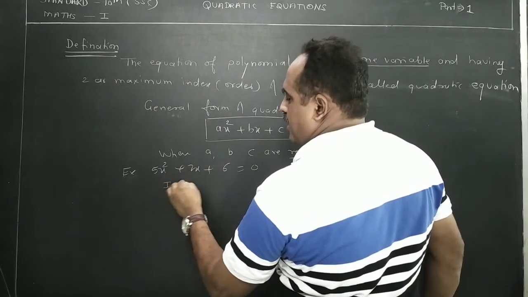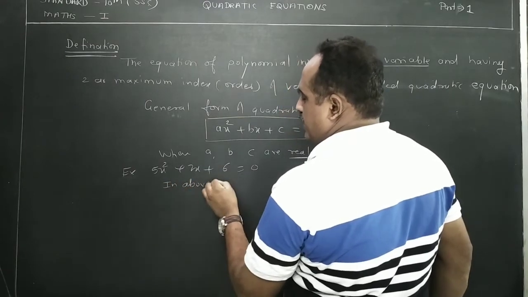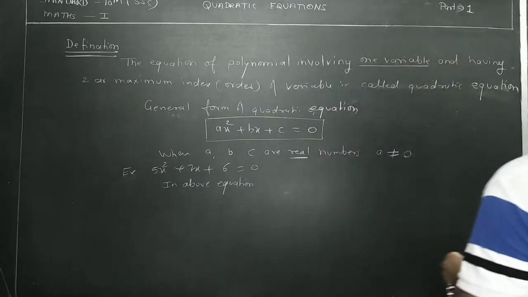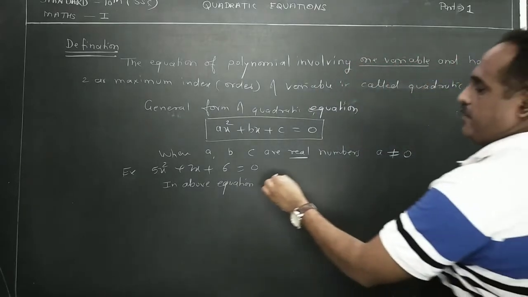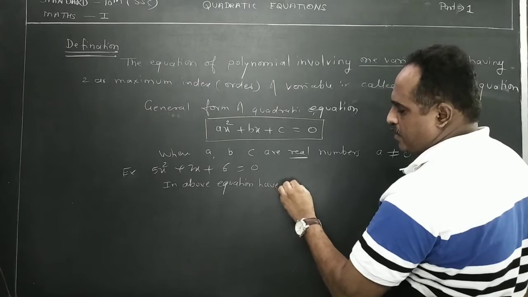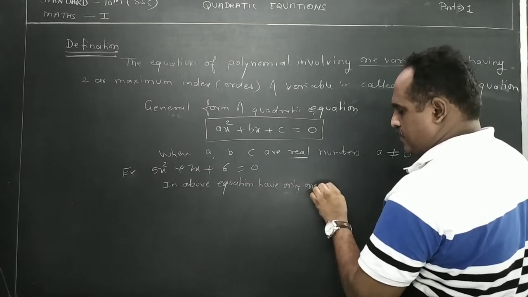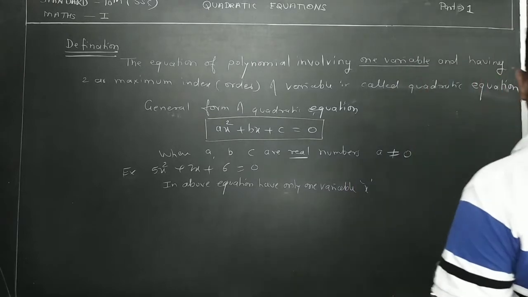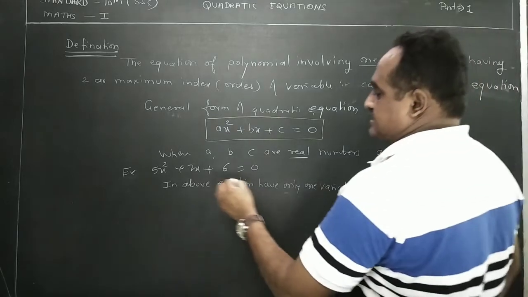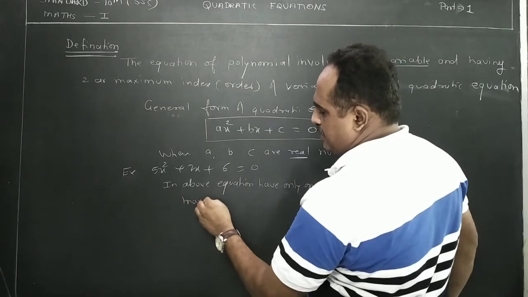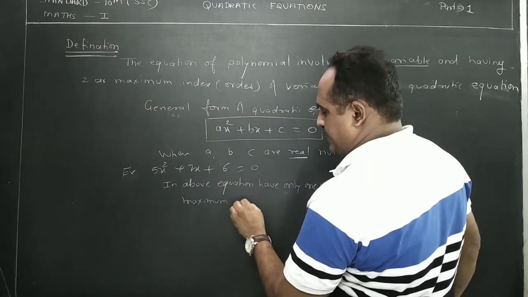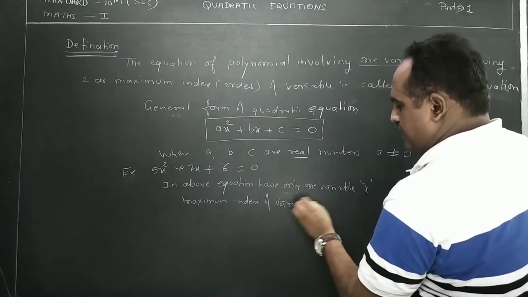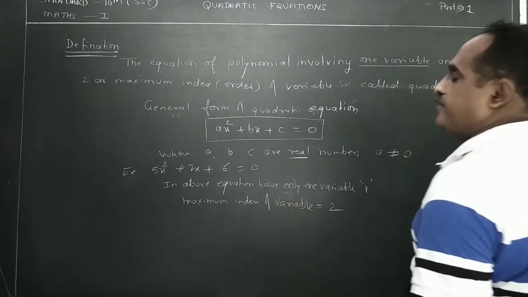In above equation, we have only one variable, that is x, and maximum index of variable is equal to 2.